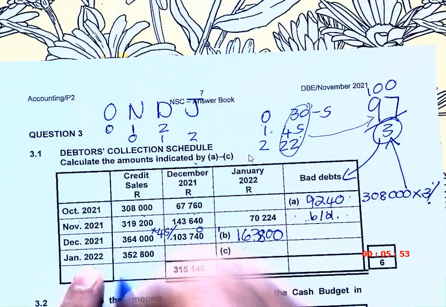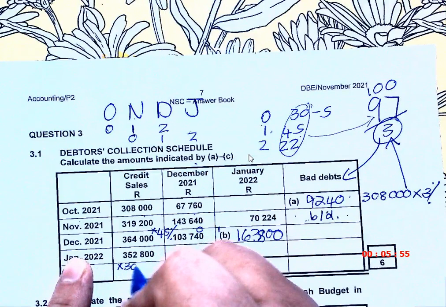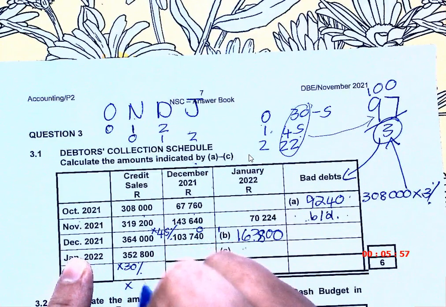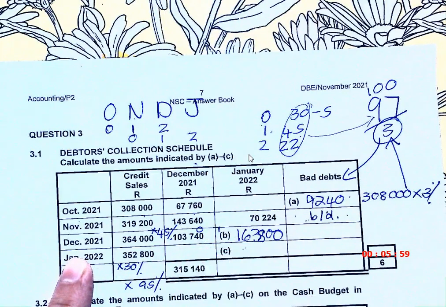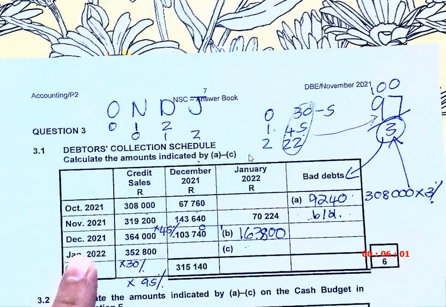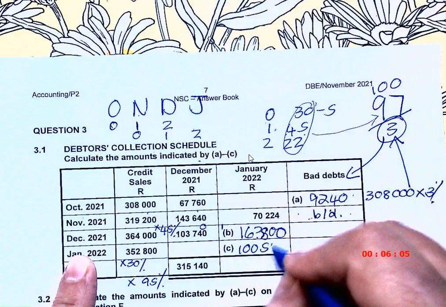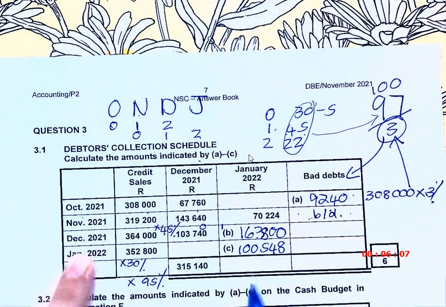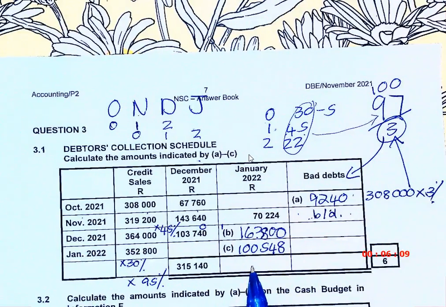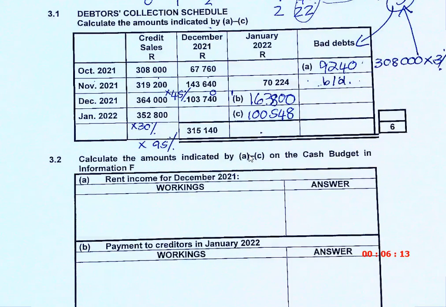So it's going to be times 30% times 95%. And that gives me 100548. Can you see? Also no adding because it's grayed out. Please do not waste your time writing on grey. Okay? So, next question.